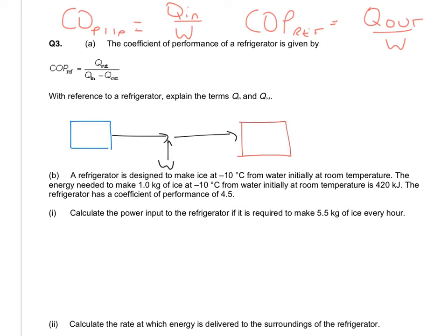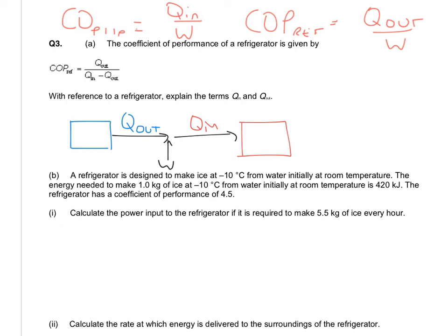Let's make it red. So Q out is going to be the energy removed from your cold source, and your Q in is going to be the energy given to your hot space here. So that's what is going on, and that's what they represent.